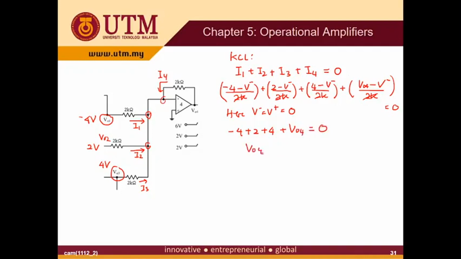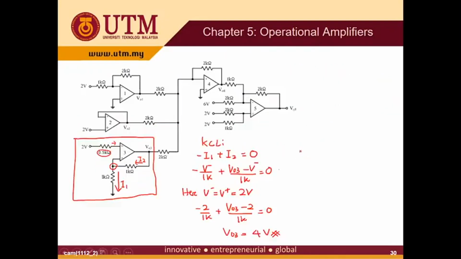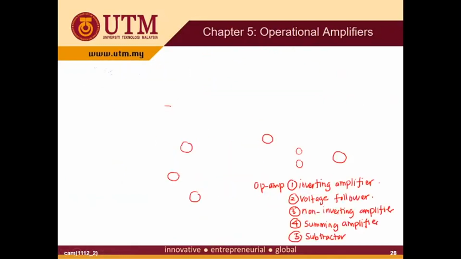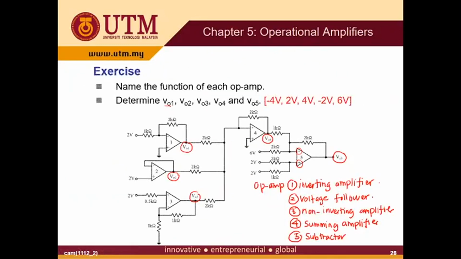So the V out 4 is equal to minus 2 volt. Okay. You can check that you have the answer here. So this is V out 4.